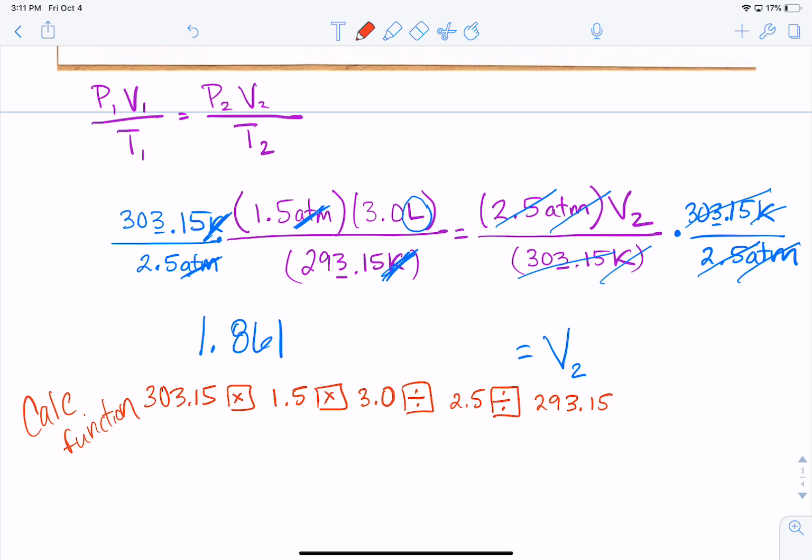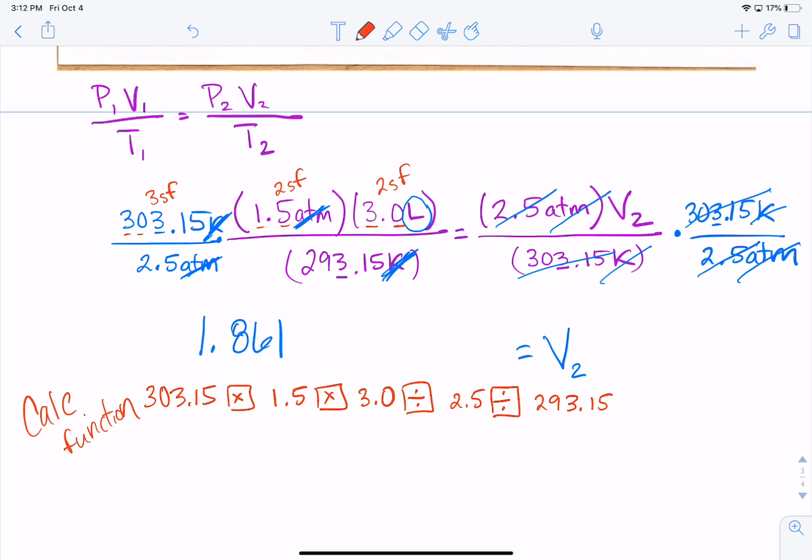All right, let's look at sig figs here. We've got 303.15, and I have identified that there are 3 sig figs here. 1.5 ATM: how many sig figs do we have there? We've got 2. 3.0: remember, this 0 is to the right of the decimal, and it ends the number, so that would be 2 sig figs.